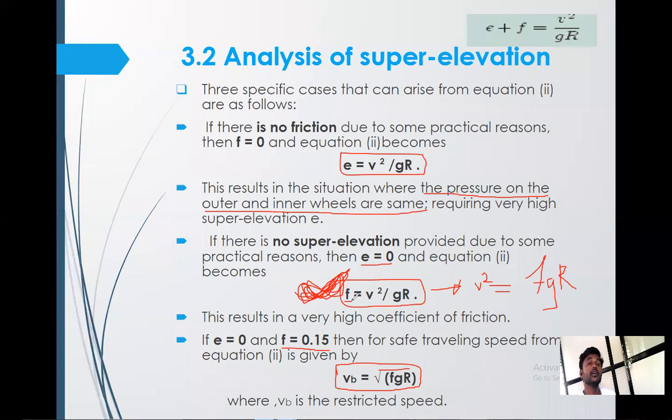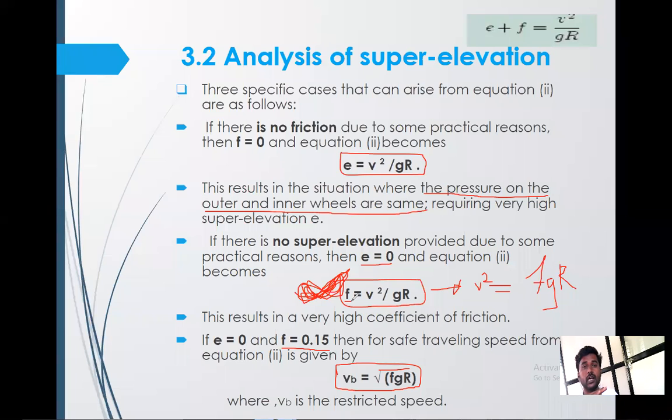That means in the horizontal curve as well, we have provided a straight road. In the curved region also, we have provided a straight road. So what will happen now? There are increased chances of overturning of the vehicle or skidding of the vehicle.